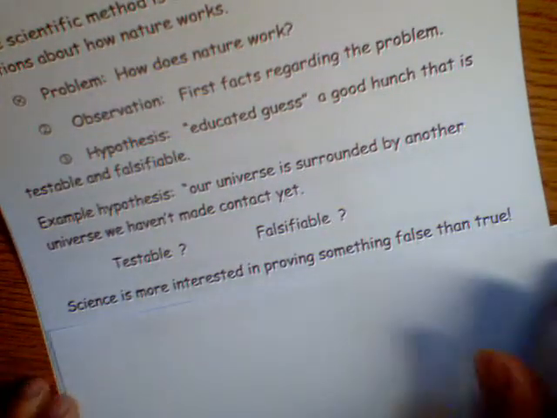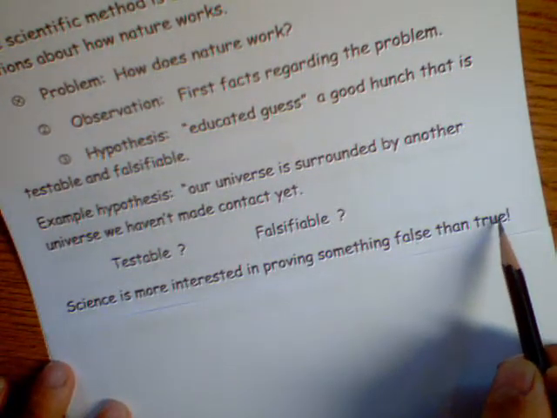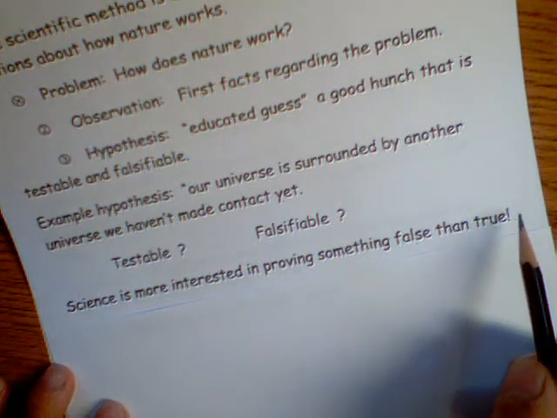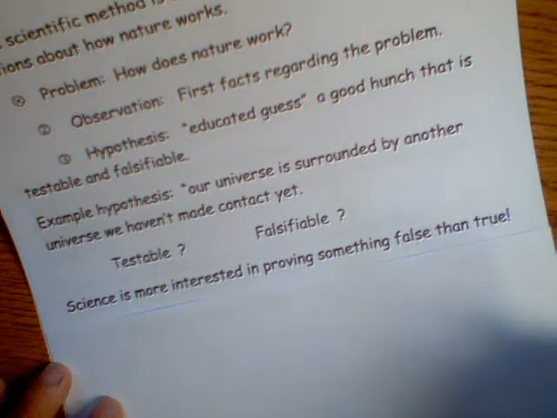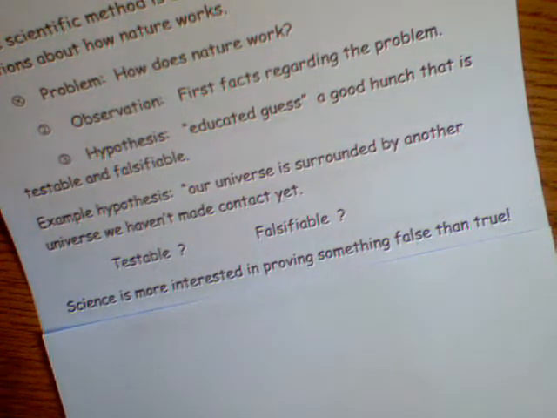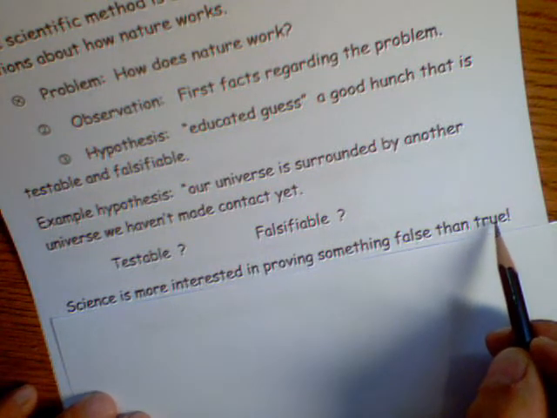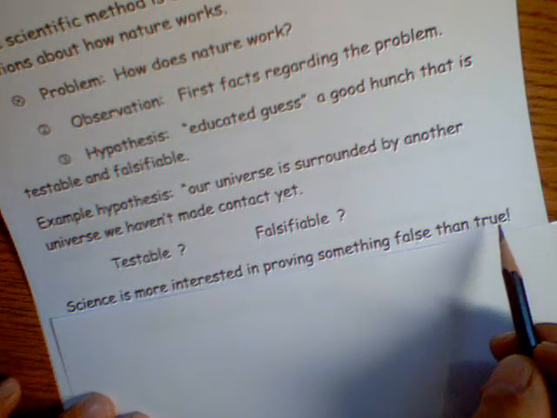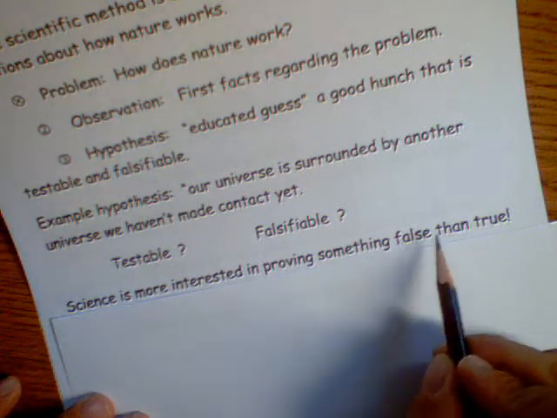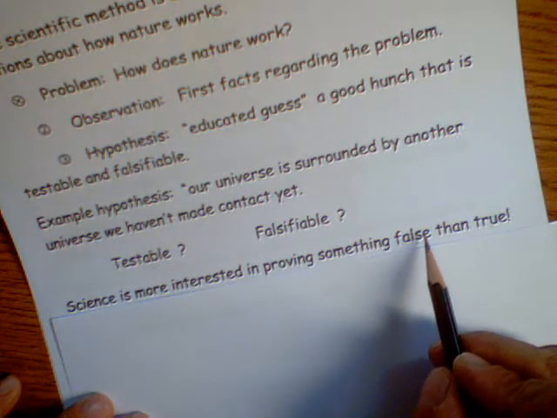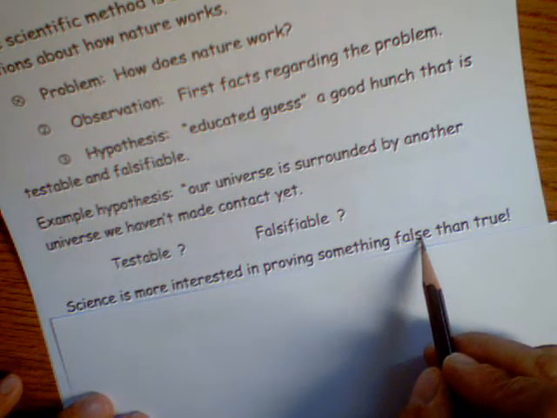All right, so people say, well, is it true that lightning strikes only once? Well, really, we're more interested in proving that that's false, because there are places where lightning strikes more than once.